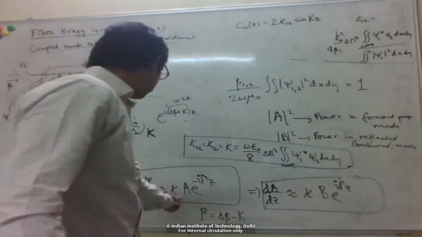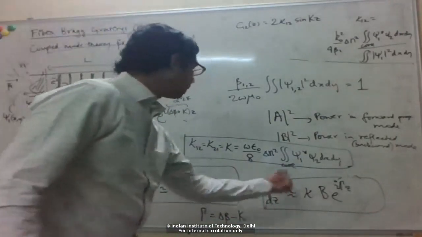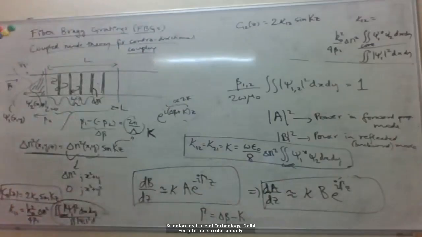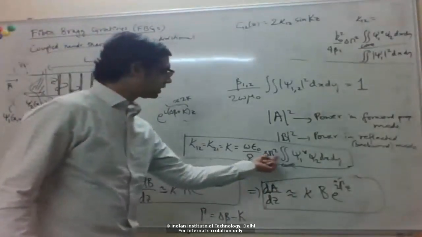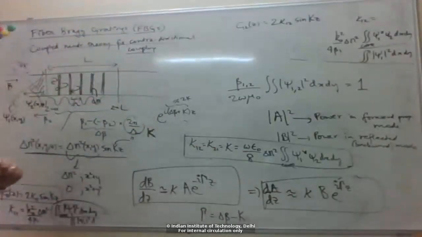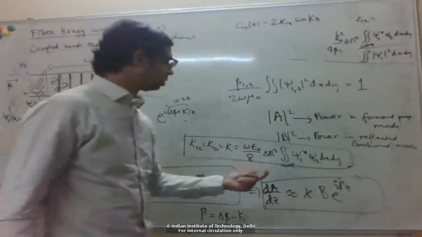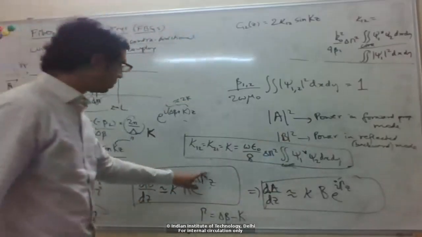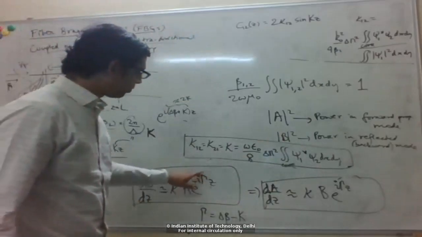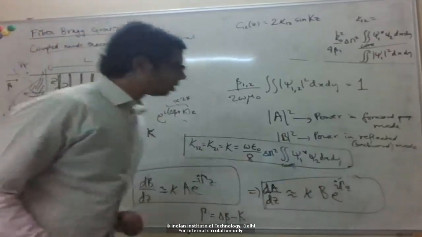So in the next class we'll start from these coupled equations for A and B, right? There's some coupling coefficient which depends on how much index change happened because of this UV exposure, and then the confinement factor or the mode overlap, and it also depends on how far you are from the Bragg condition.